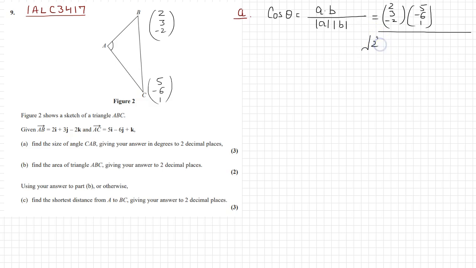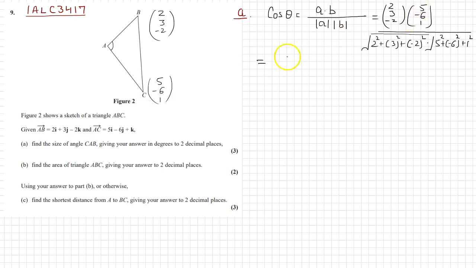root 2 square plus 3 square plus minus 2 square, multiply by root 5 square plus minus 6 square plus 1 square.